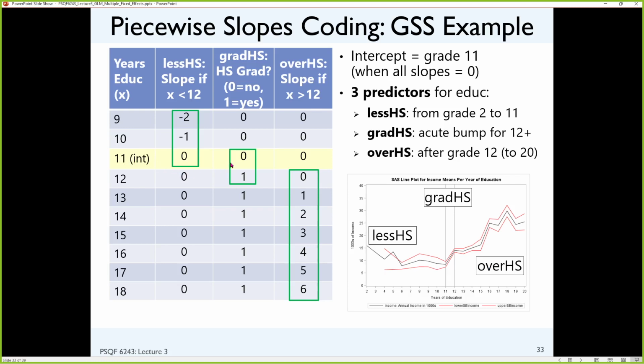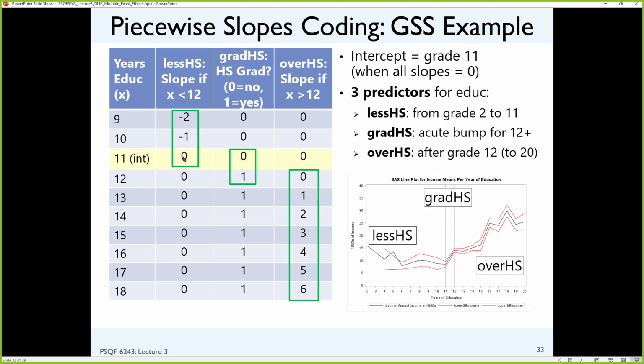All right, so I am setting grade 11 as my reference. That means that all the predictor variables are going to be zeroed out at grade 11, and the model fixed intercept is going to tell me the expected annual income for somebody who finished 11th grade. So relative to that as a 0, 10th grade is 1 less than 11th.